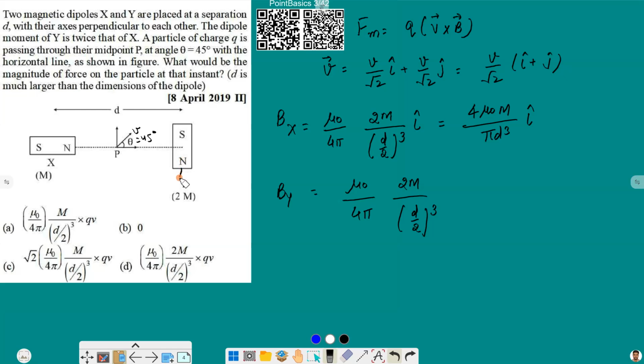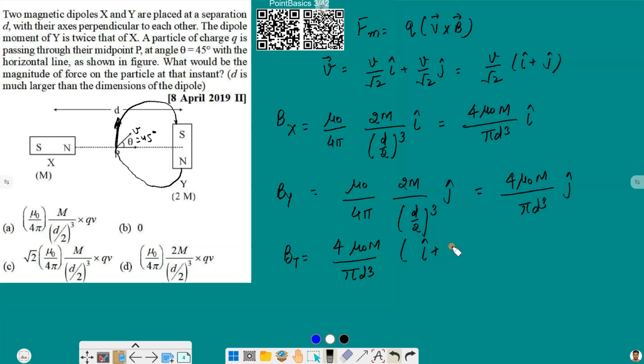So the field lines will emerge like this, pass through point P and then end at point S. At point P, the magnetic field will be in the y direction due to this magnet, so it will be along j. Again the formula is the same, just the direction is different. So 4 mu naught m by pi d cubed along j, and the total magnetic field will be 4 mu naught m by pi d cubed into (i plus j).